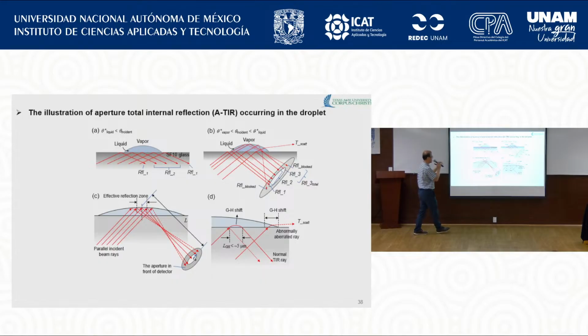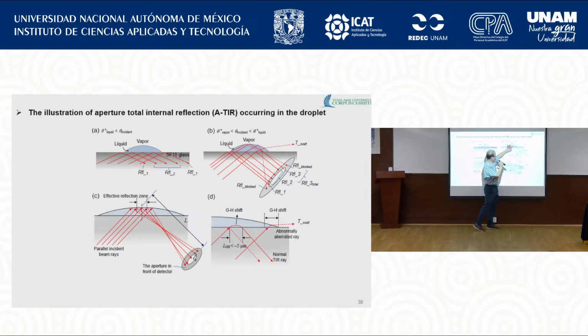Okay, and then here we intentionally put the aperture to investigate each effect. In other words, by adjusting the aperture size, we can control, for example, the refraction from the droplet surface, right?